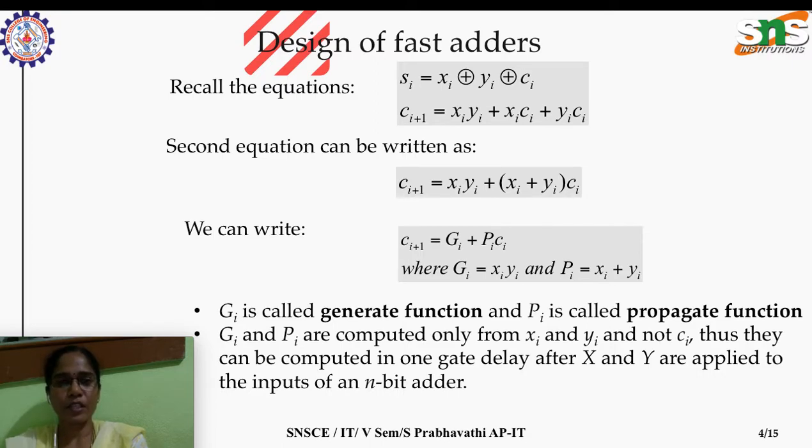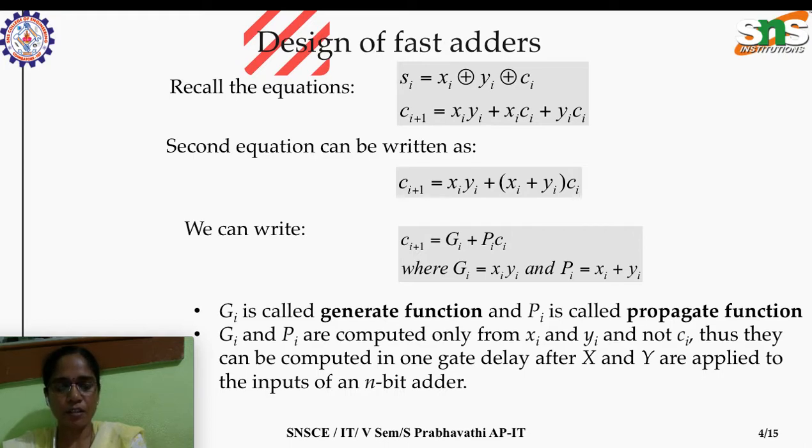Here, how to achieve faster output, or how to reduce the gate delay, just concentrate here. In the previous full adder, each and every bit of each and every stage depends on the previous carry. The carry will propagate through each and every stage, and only at the last stage will we get the complete output.